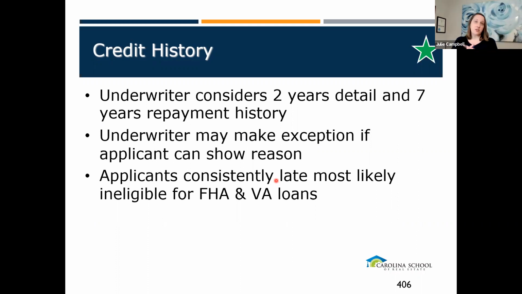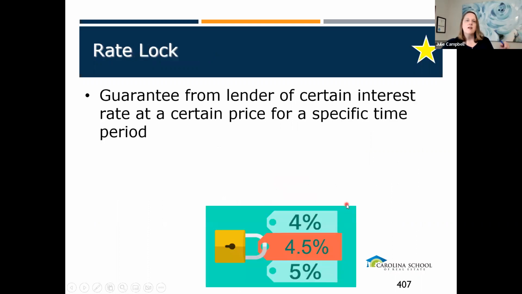Once you and the lender come to terms and you know the terms of your loan and how much you're getting, at some point in the process, the lender's going to do a rate lock. And a rate lock is locking in your interest rate. Once your interest rate is locked in, that's it for the term of the loan. Is it a 10-year loan, a 15-year loan, a 30-year loan? Once they lock it in, that's it.